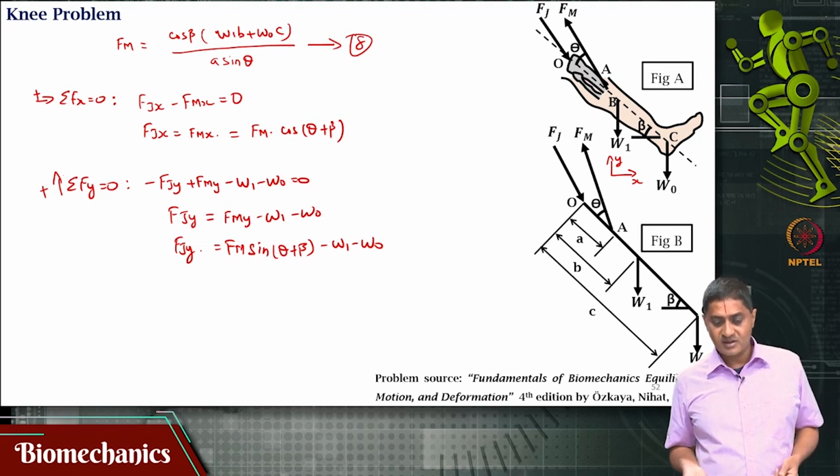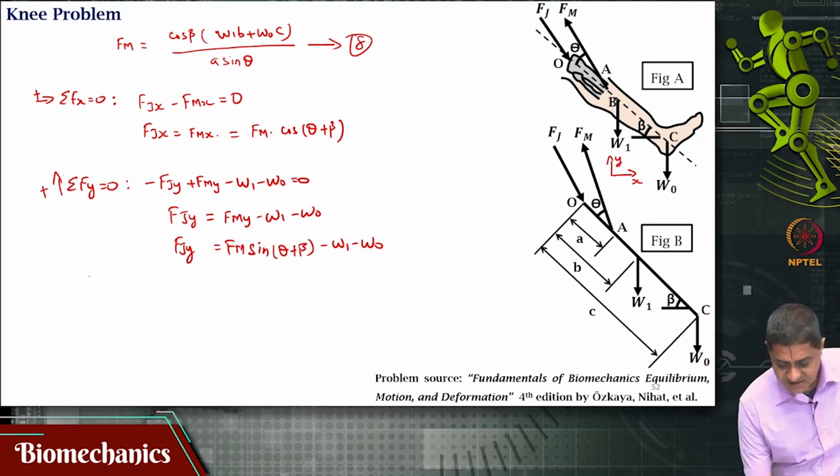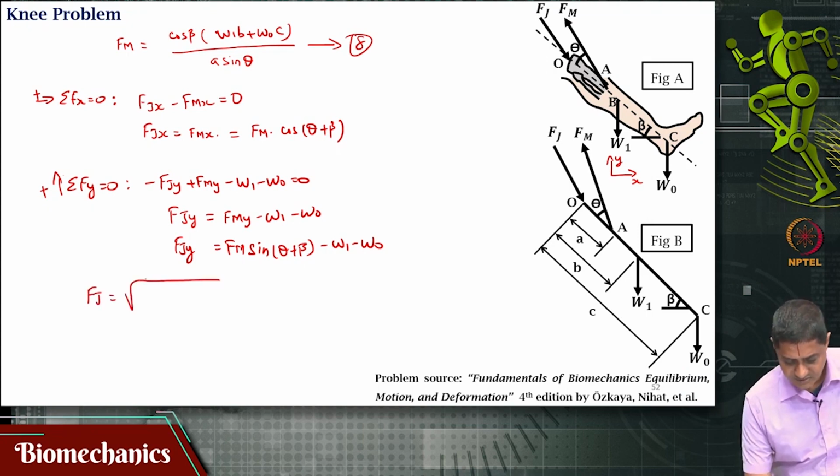So, I know Fmx, Fmy, Fjx and Fjy, I know everything. Now, if I am interested in the total joint reaction force Fj, all I have to do is find the square root of the sum of the squares. And if I want to know the direction at which this reaction force is acting, all I have to do is find the tan inverse of Fjy by Fjx.